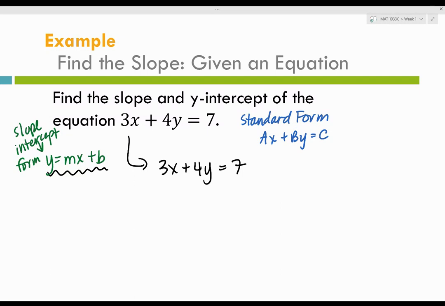So the first thing I'm going to do is move 3x, which is going to give me 4y equals negative 3x plus 7. And then I'm going to divide both sides by 4.